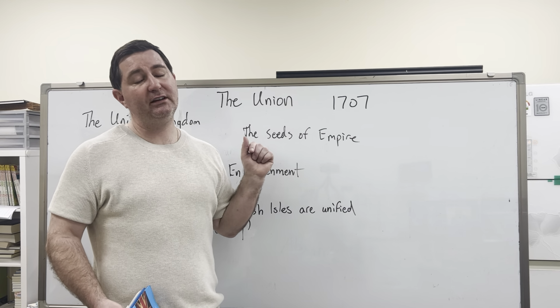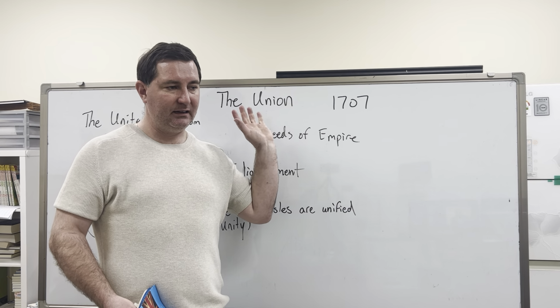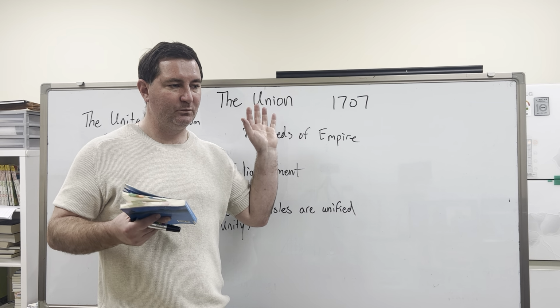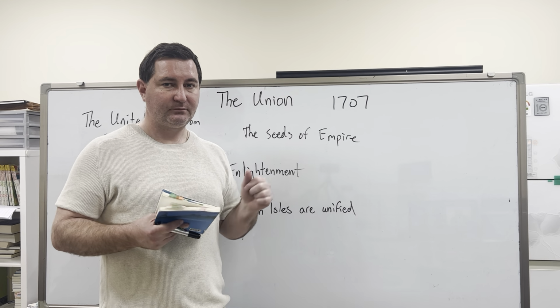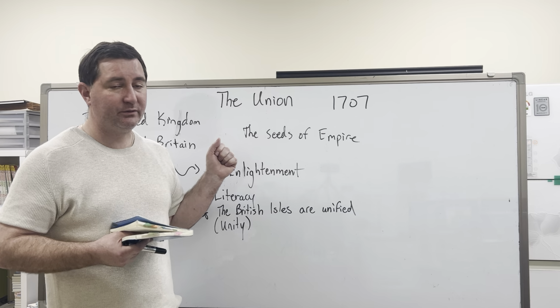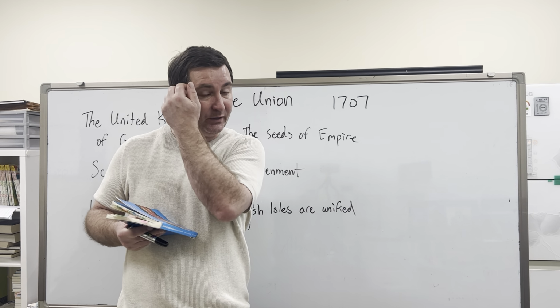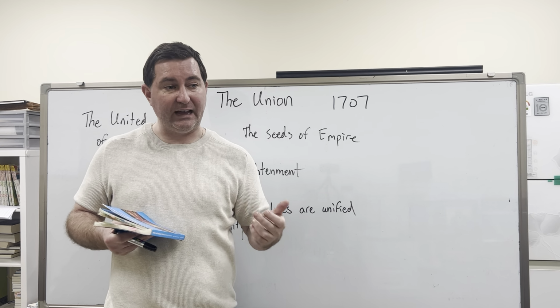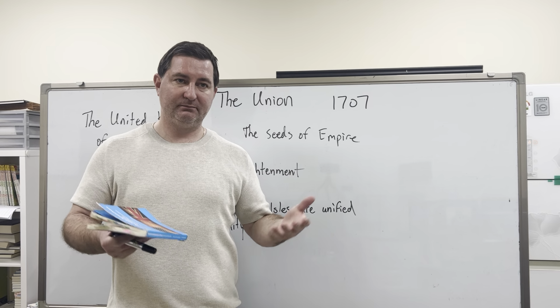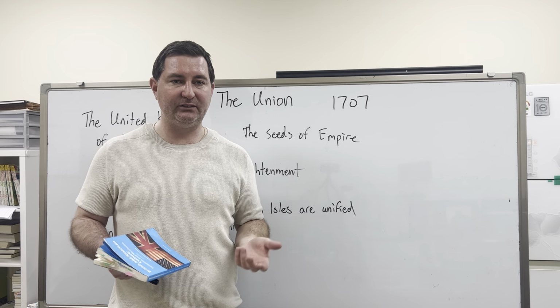However, 1707 is the year that the United Kingdom becomes a country. Previous to that, we have multiple kings.